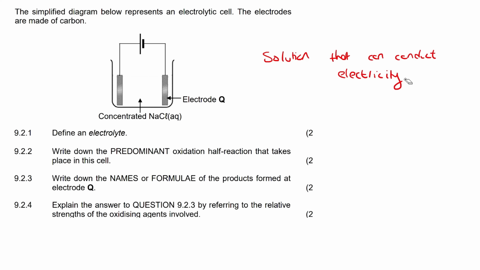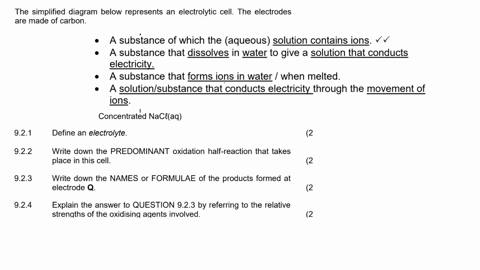And then I see they also want you to say, due to the movement of ions. Okay, let me get the other definitions that you could also use. Okay, there we go. So you can choose any one of those.